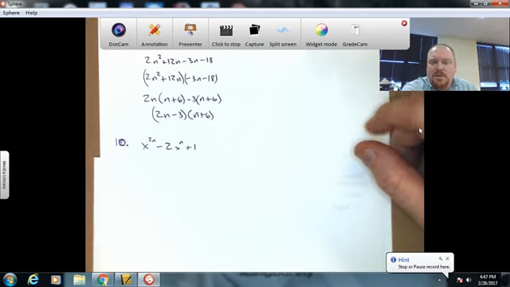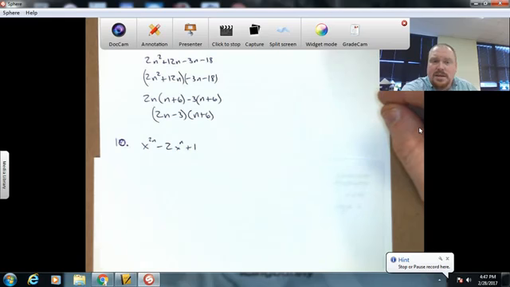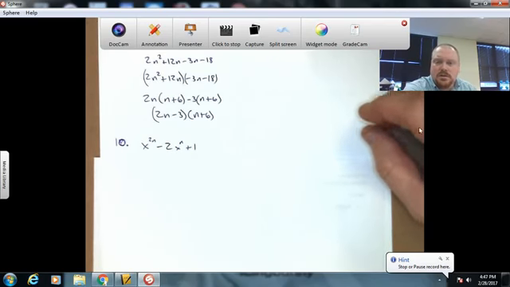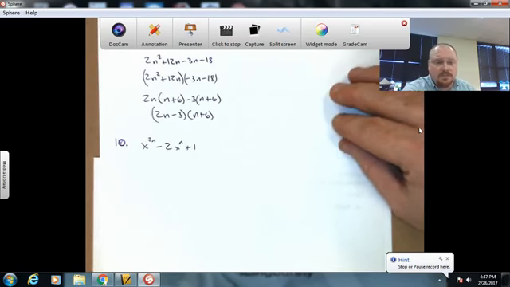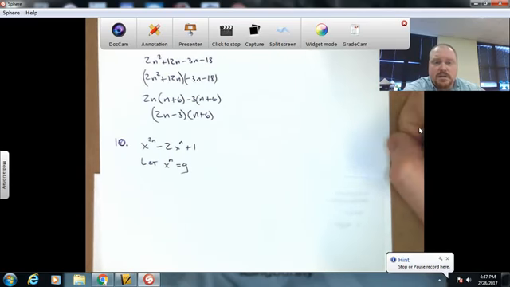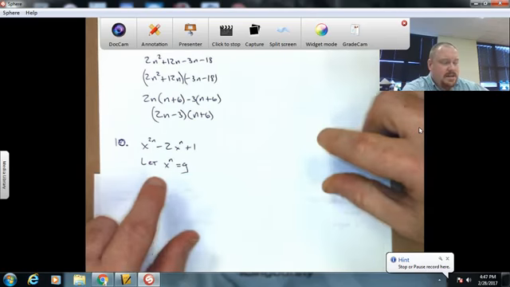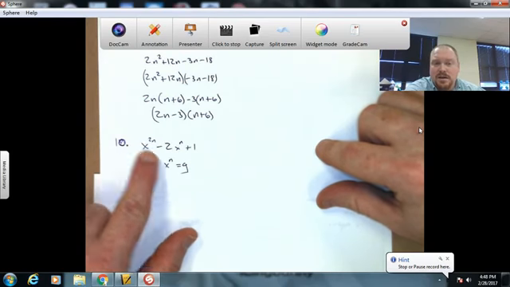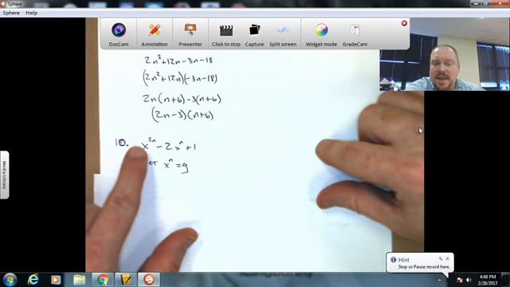Well, if you remember our rules, that is x to the n, squared, minus 2x to the n plus 1. So I'm going to use a substitution. I'm going to say x to the n is g. So that means that, since I have x to the 2n power, this is just going to become g squared.